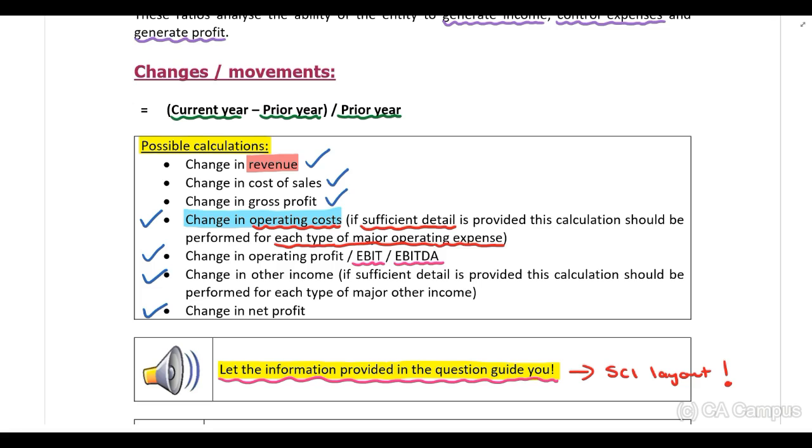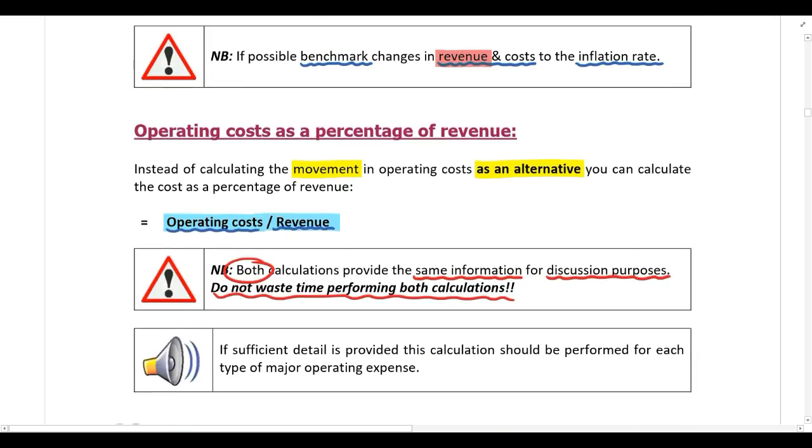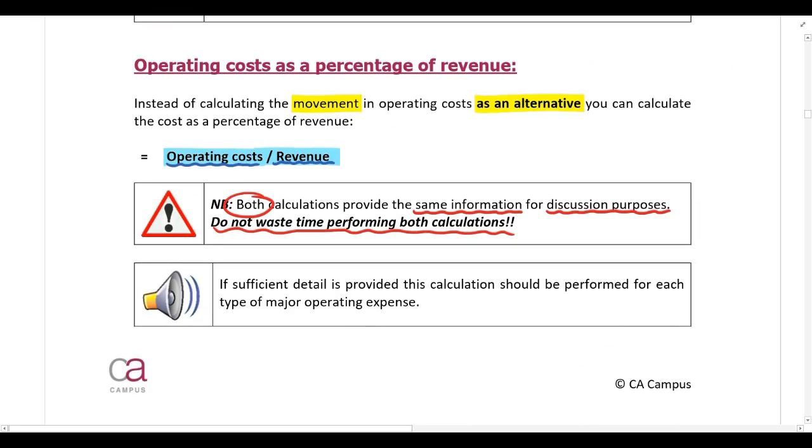So don't just analyze operating costs in total by calculating the movement in total. You should calculate the movement in each major expense. So if salaries and wages is a significant expense, you should calculate the movements in salaries and wages. And exactly the same logic applies if you are performing this alternative calculation where you express the cost as a percentage of revenue.